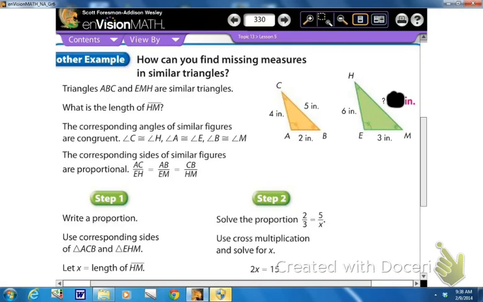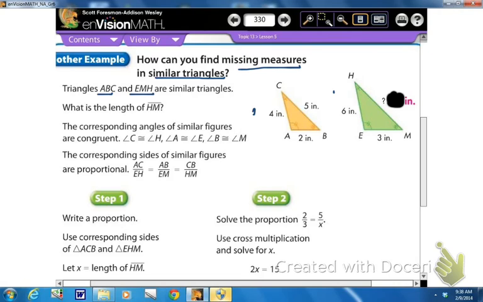We're going to look at another example here on page 330, how you can find missing measures from similar triangles. Triangles ABC, this one on the left, and EMH over here on the right are similar triangles.